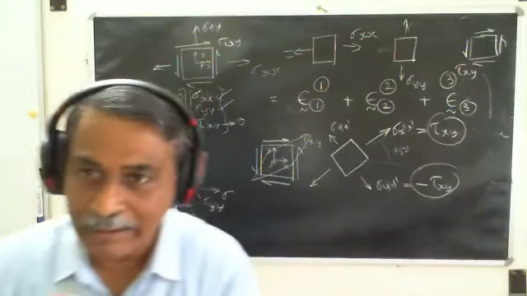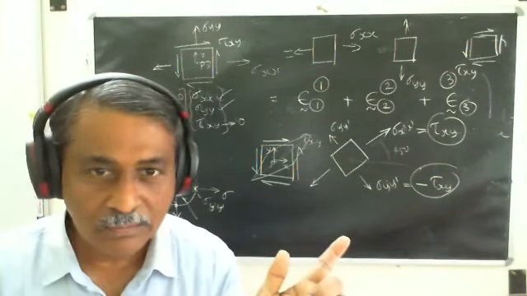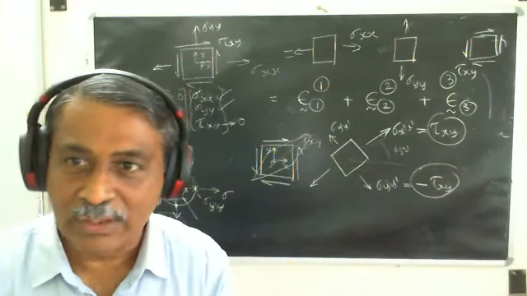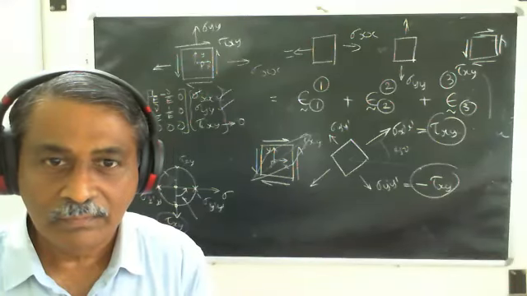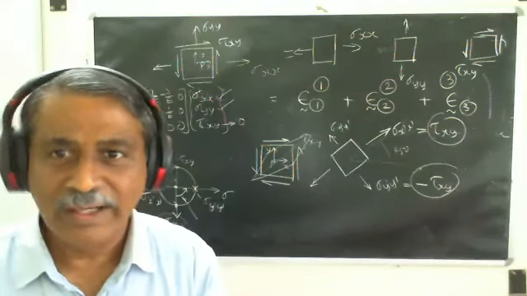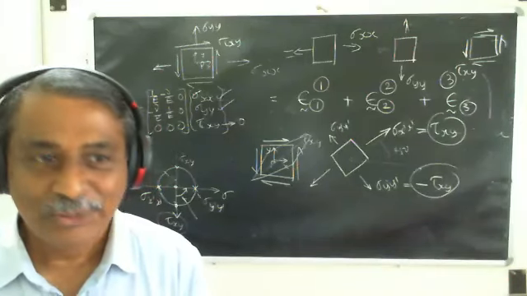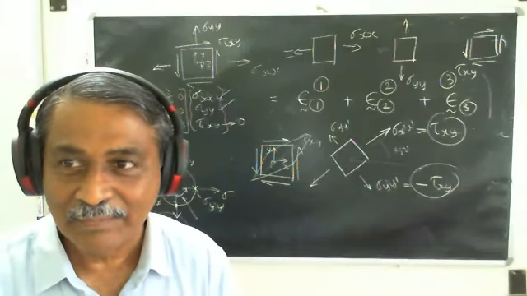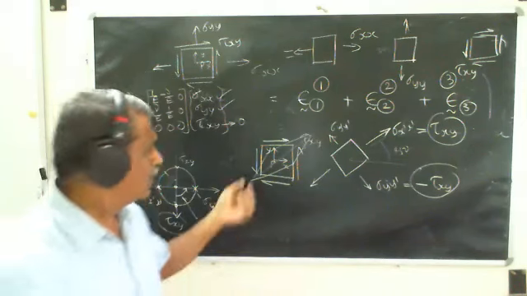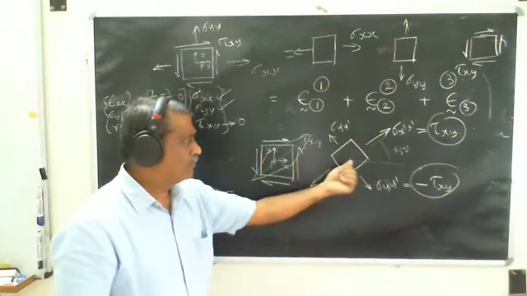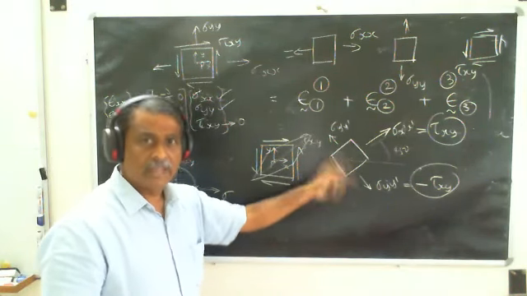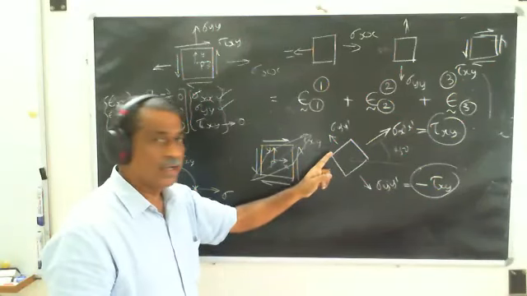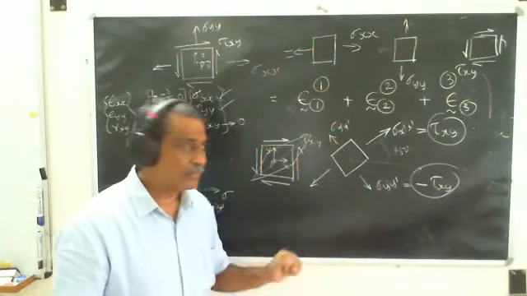Clear about it? Yes or no? Should I repeat it once more? Very simple idea. Same stress state for both of them. So I take it at the 45-degree angle so that only normal stresses are present.